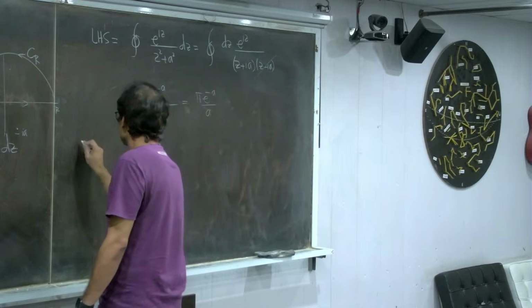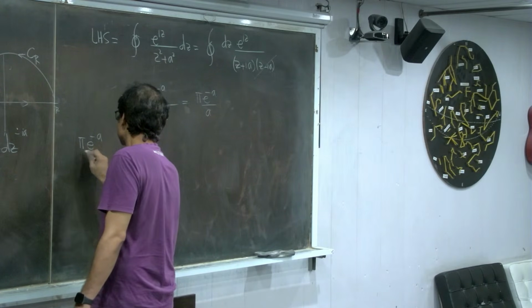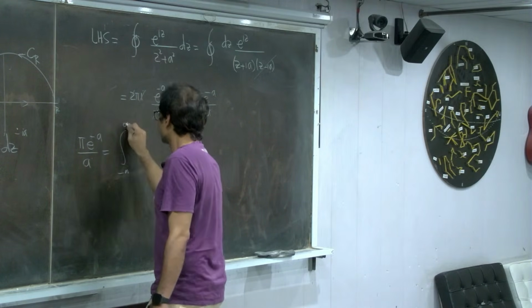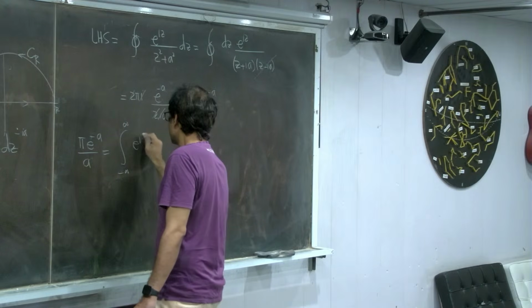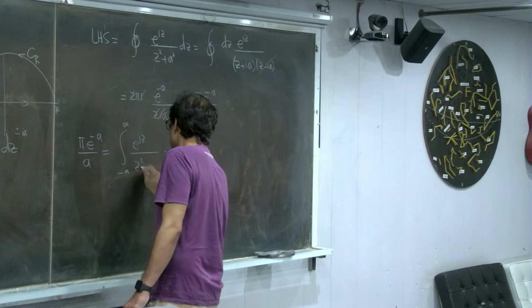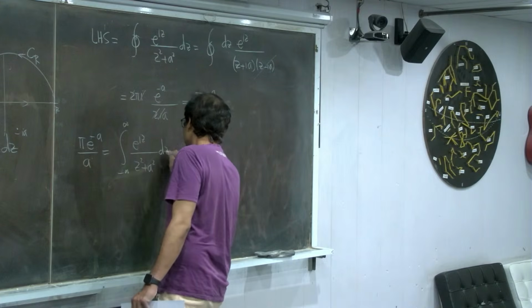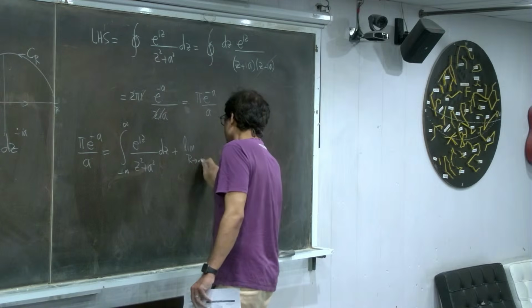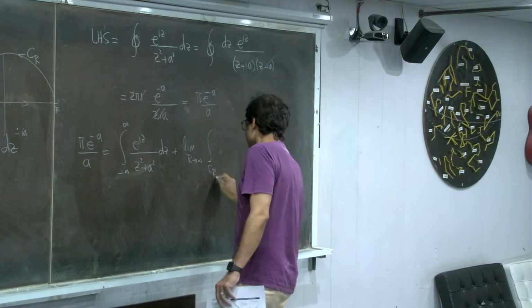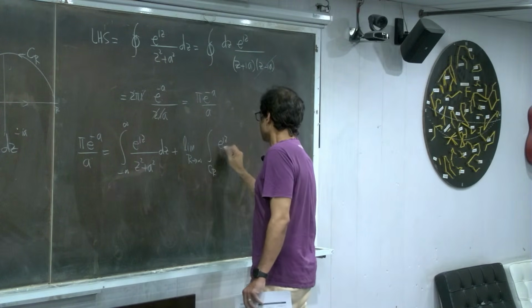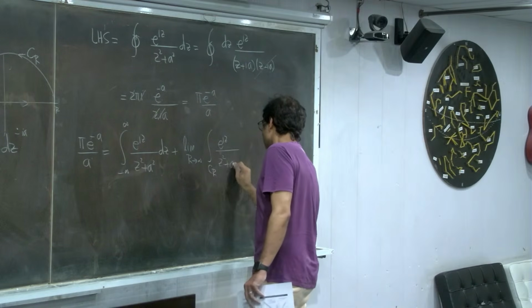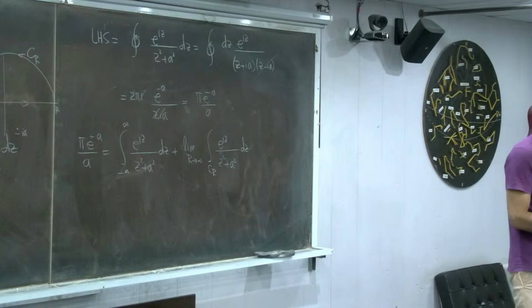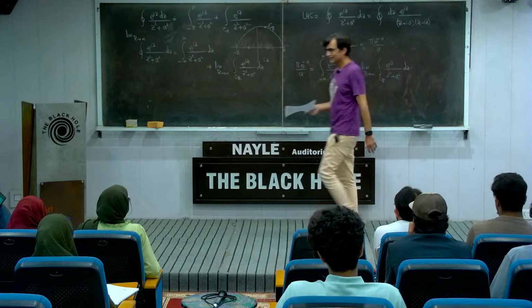So pi e to the power minus a over a is equal to integral minus infinity to infinity e to the power iota z over z squared plus a squared dz plus limit r to infinity of the integral over CR. And by the way, you got the answer, isn't it?